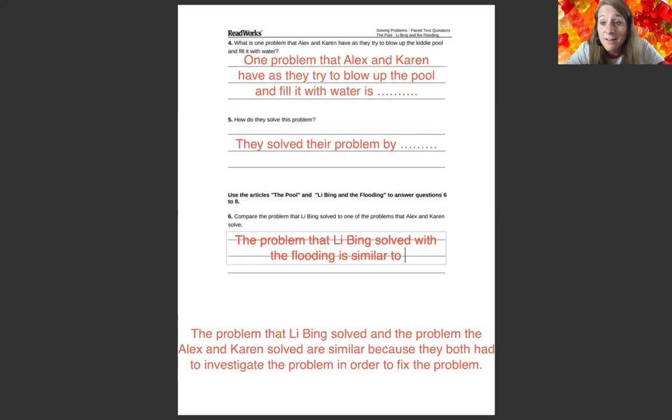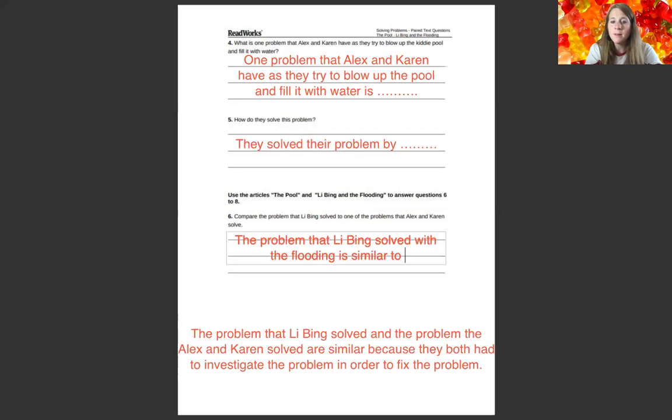I still, yeah, I agree with you guys. I still think it's similar to the problem with the hole, okay? Because without that, then they couldn't fix it, they couldn't move on to any of their other, yeah, very nice.